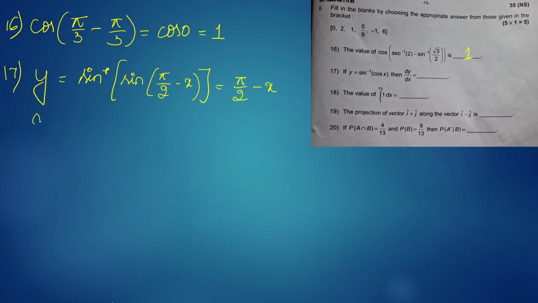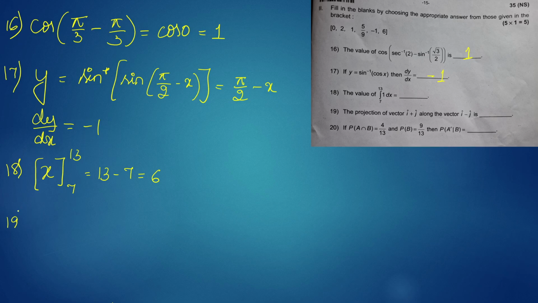If y equal to pi by 2 minus x, obviously dy by dx will be equal to minus 1. So, the answer will be minus 1. 18th one. We have to integrate 1 with respect to x. The integration will be x from 7 to 13. If we apply the limit, it will be 13 minus 7, which is 6.